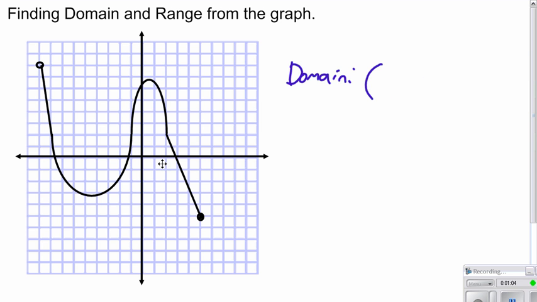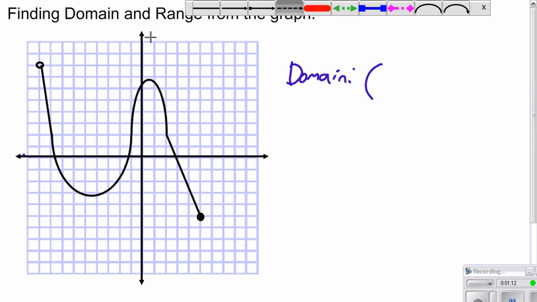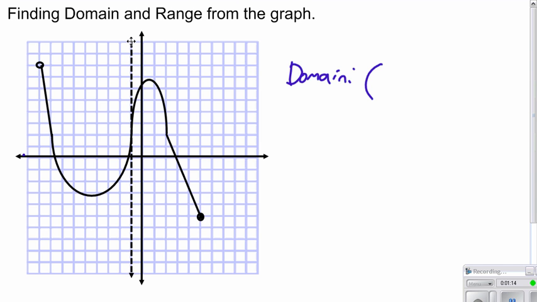So the leftist that this graph goes is to -9. We can get a vertical line here to help us out, just to see how far left it goes, you stop at the end. So the domain starts at -9.